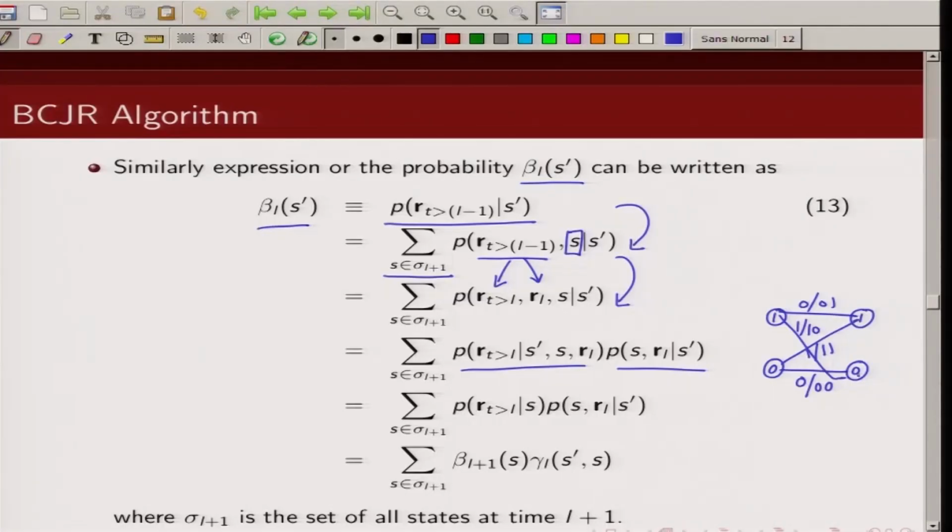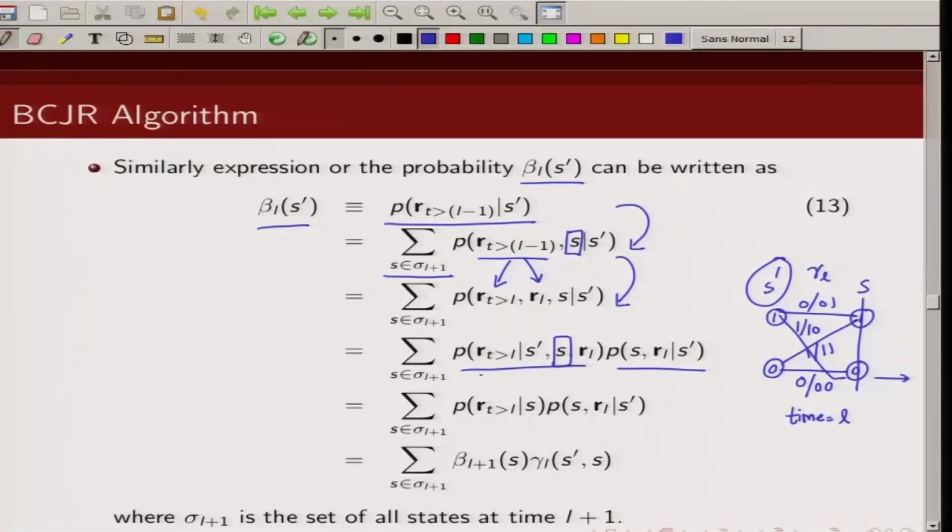If you are interested in the probability of R t greater than L, that is after time L, given the previous state S hat, the next state S and R L, it only depends on the next state S. If you know the next state S, you do not need information about the previous state or the current bit.